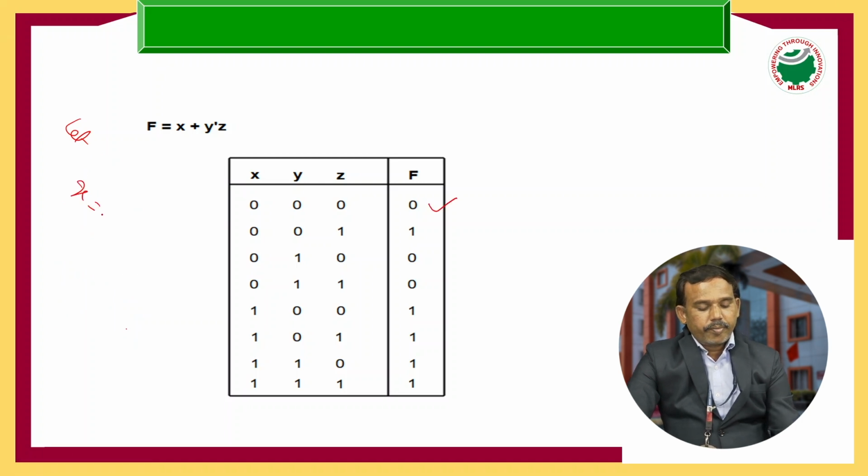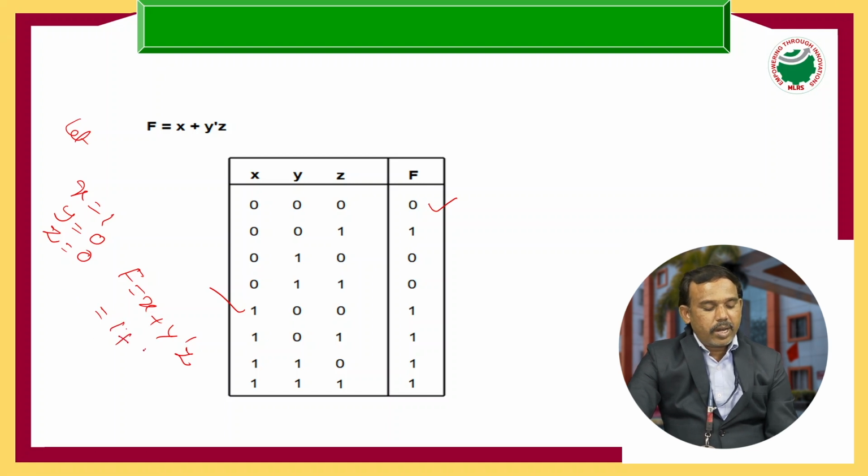In this case x equal to 1, y equal to 0, z equal to 0. Then f equal to x plus y complement z, x equal to 1 plus y equal to 0, y complement equal to 1, and 0. Then 1 plus 0, so the value will become 1.